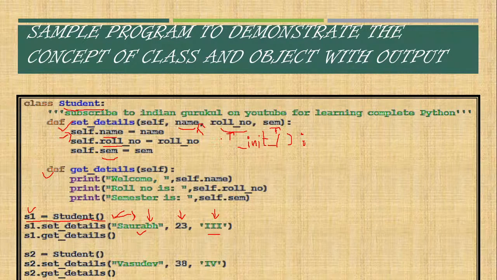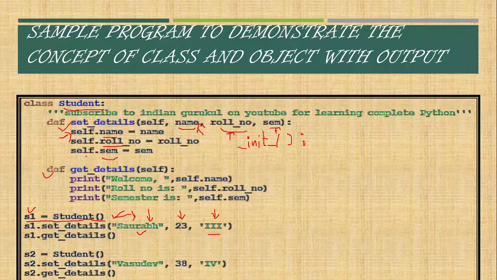Then these values will be assigned: the name Saurabh is assigned to self dot name, 23 will be assigned to self dot roll number, and the third value, the semester, will be assigned to self dot sem.